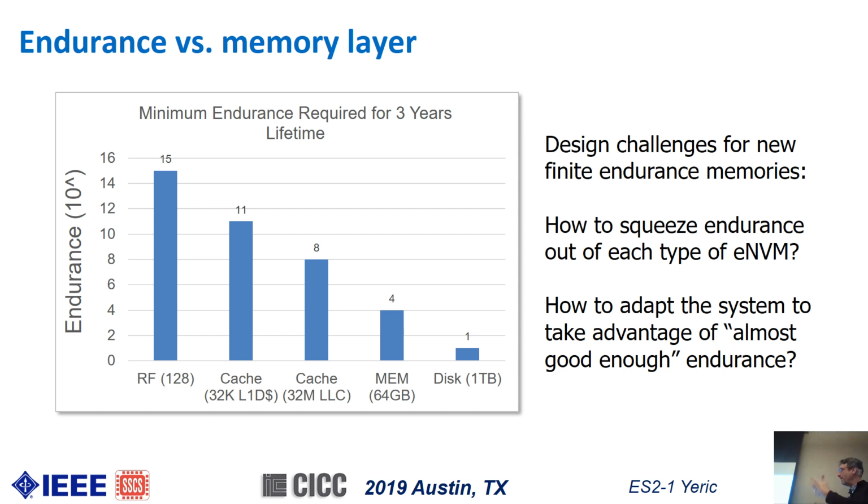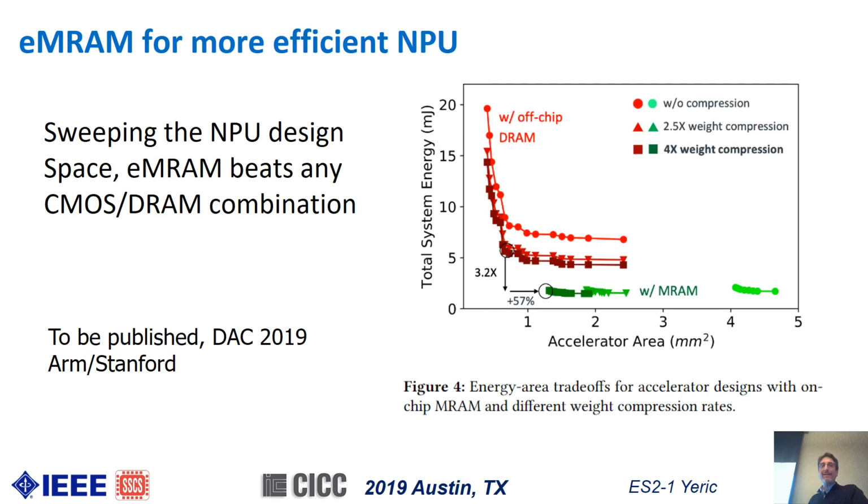So you need 10 to the 18th kind of numbers if you want to stick it in a logic transistor, but as you go higher in the cache level, there's some ideas that we're probably going to get an MRAM type of thing to work at the higher level caches. But this is going to require some serious circuit design work to get done. One example I'll show you, this is a paper that we're going to publish with Stanford at DAC.